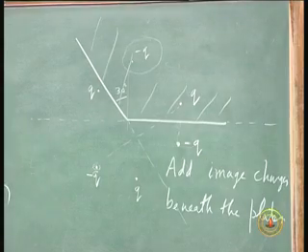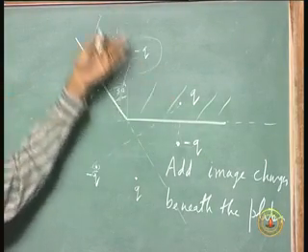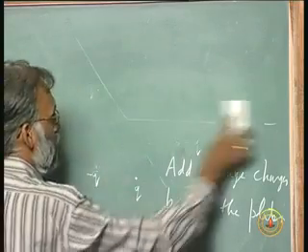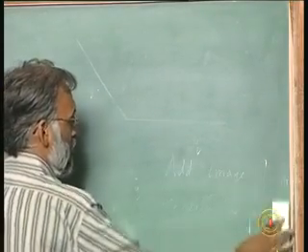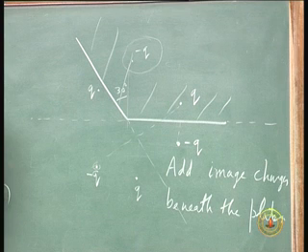Luckily for us, there are other methods that solve this particular problem, and so we are not really limited by the fact that we couldn't solve it. But you must keep this in mind. The method of images gives you some very simple answers, but there are lots of times when it does not give you a simple answer, and in that case you have to go to other methods.